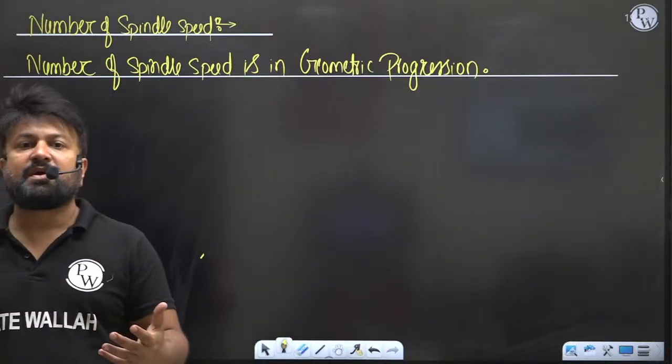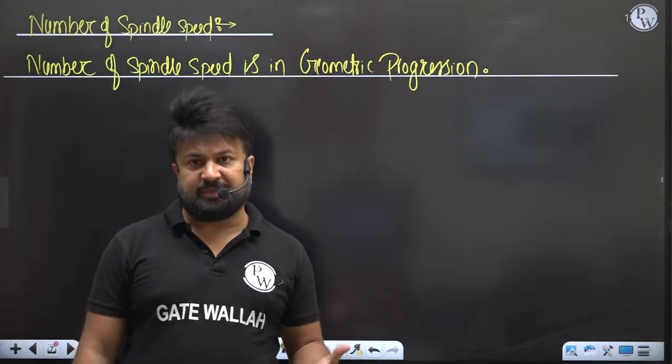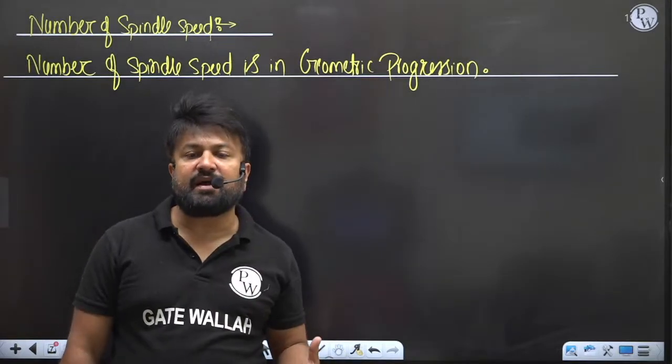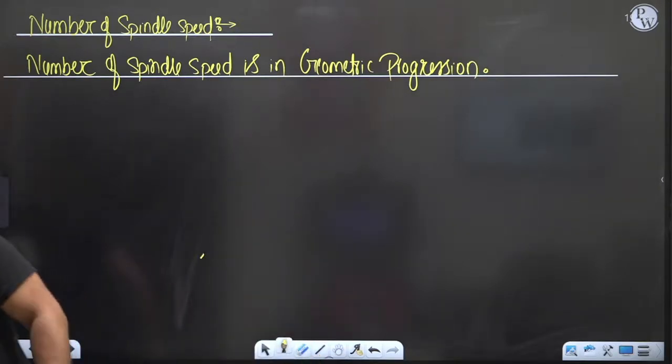Let me say that there will be n number of spindle speeds required, just like in your car. How many gears does your car have? Maybe 5, maybe 6.